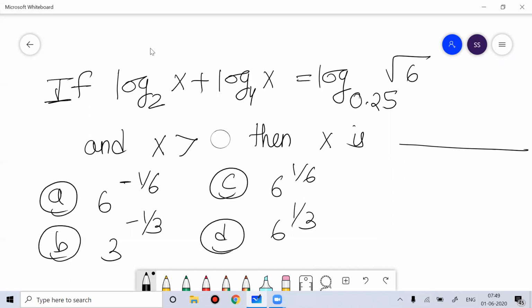So this is the problem we need to solve. Has anyone got the answer? This is the question, guys, you need to solve it. Let me repeat the question.